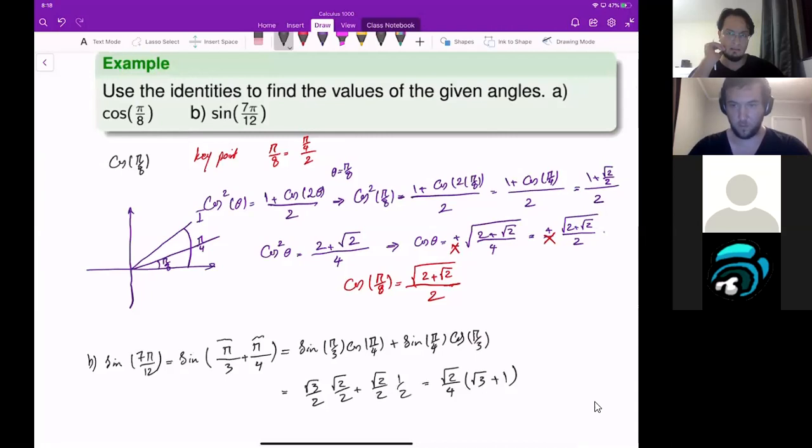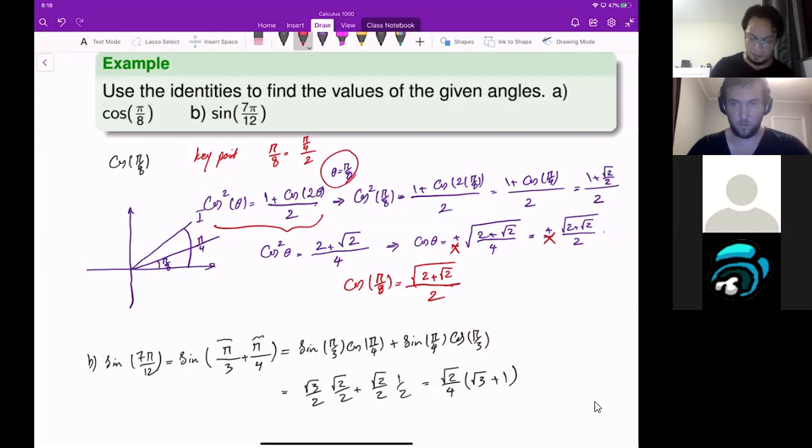Oh, the whole thing. Well, okay, so I won't go over it because I think we had spent enough time here. But what I did was that I used the half angle. So cosine squared theta is 1 plus cosine 2 theta over 2. And then I plugged in pi over 8 for that. Why is this helpful?